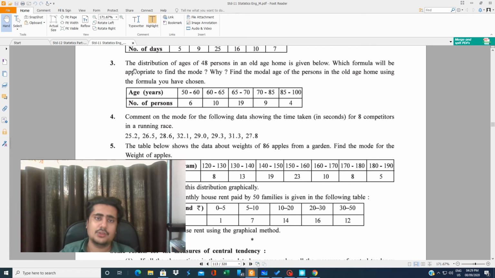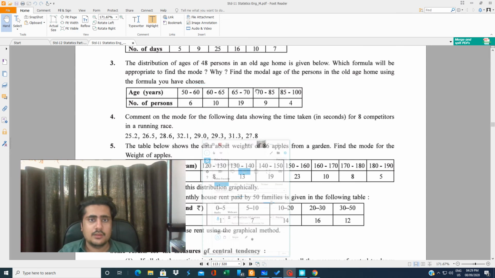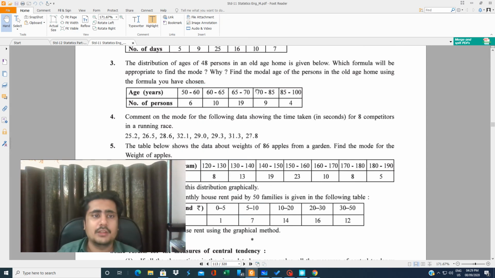The distribution of ages of 48 persons in an old age home is given below. Which formula will be appropriate to find the mode? Why? Find the modal age of the person in the old age home using the formula you have chosen.